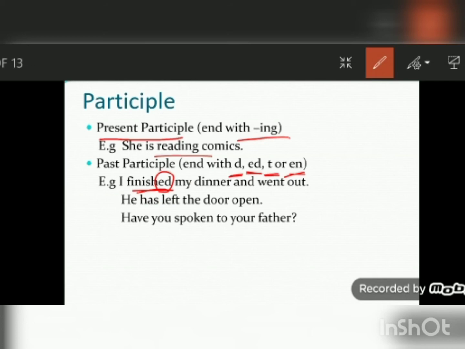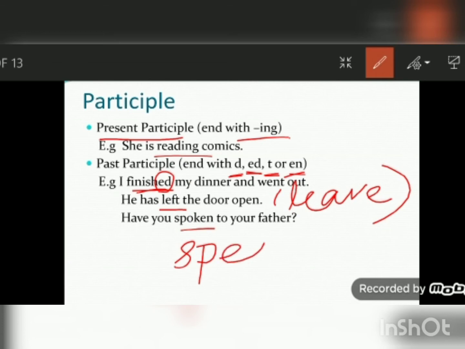He has left the door open. So left here is the past participle form of leave. So leave, left. Next is, have you spoken to your father? Spoken is past participle form of speak.